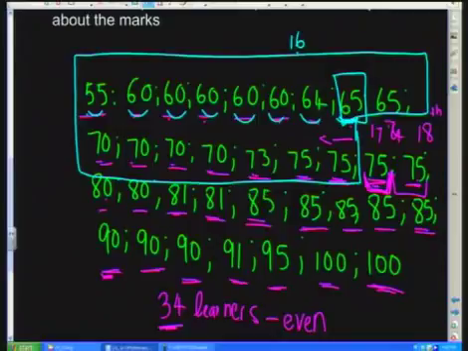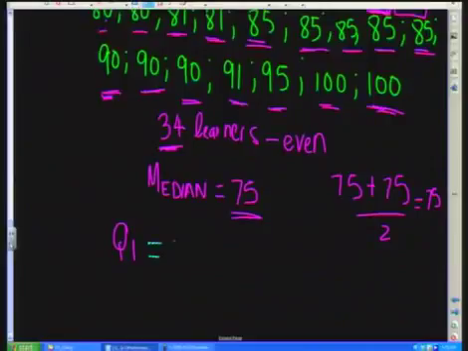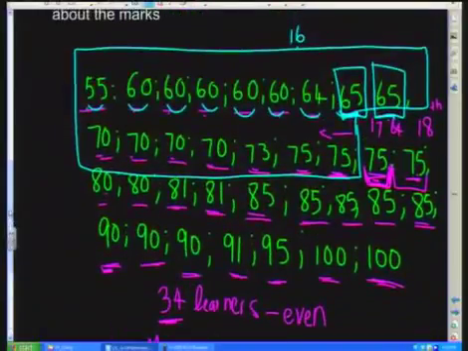And then we know that because we're dealing with an even number of data, our middlemost point is going to lie between position 8 and position 9. So therefore we take 65, we add it to 65 and divide by 2. So we get that the middle of the lower half of the data is going to be 65. How did I get it? I simply looked at what the middle point is in the lower half of data.